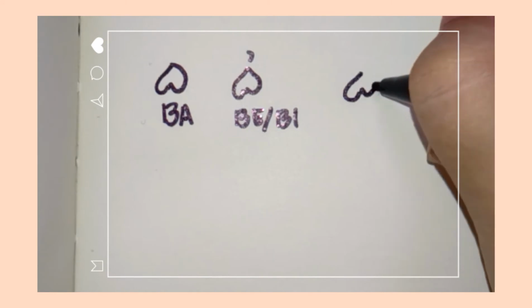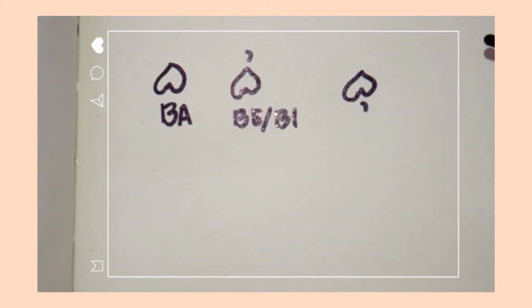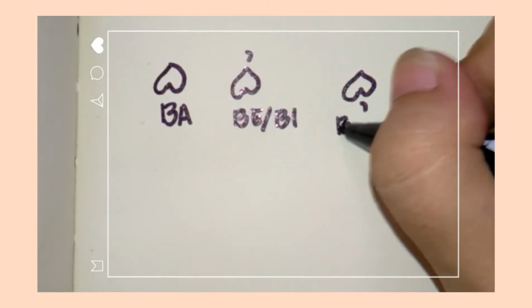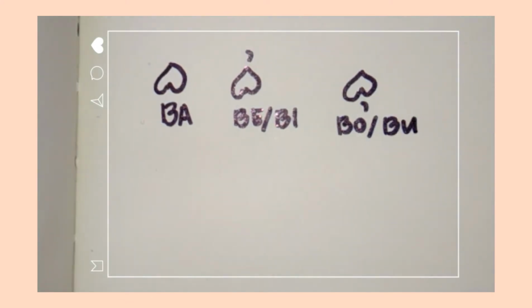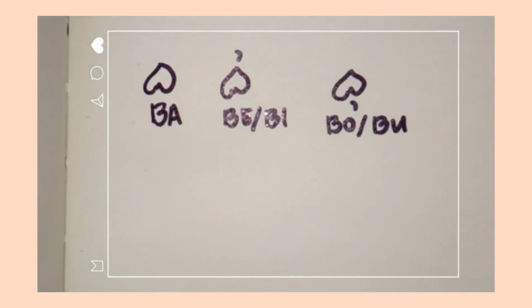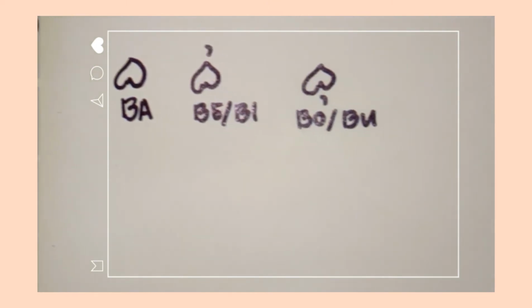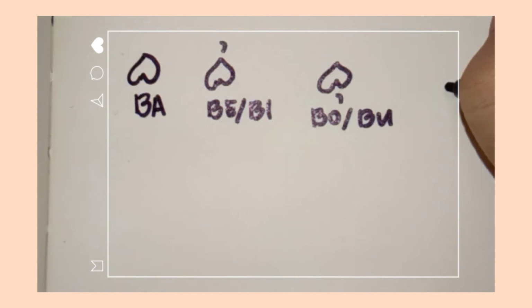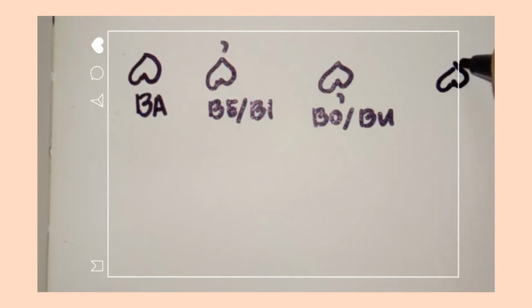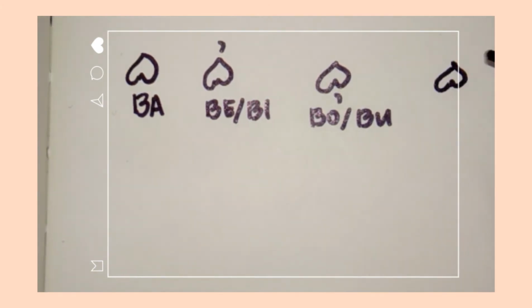If the kudlit is on the lower part of the character, it means it has a vowel of O or U. For example, bo or bu. And if there's a cross or X mark on the lower part of the character, it means it is just a single letter.